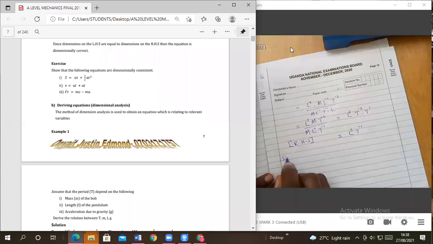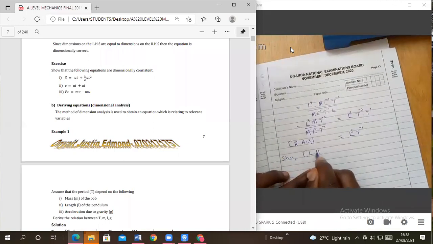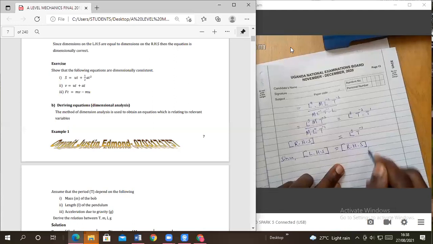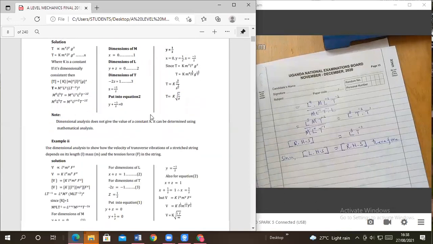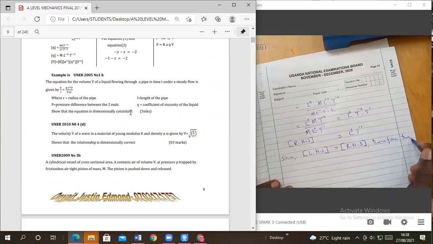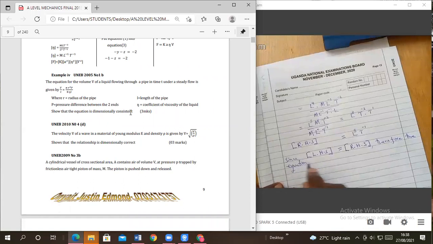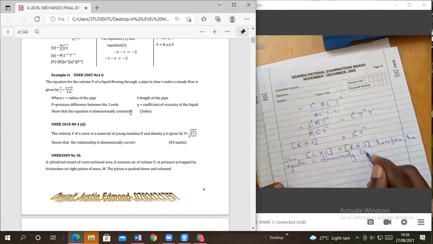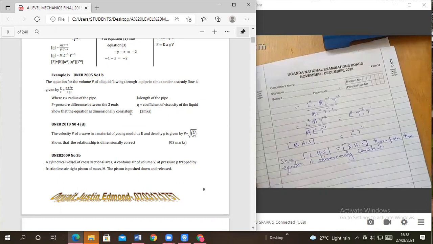So you come and say that since the dimension of the left hand side equals the dimension of the right hand side, therefore the equation is dimensionally consistent.